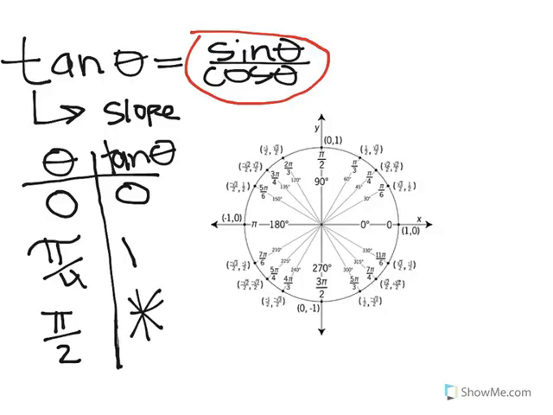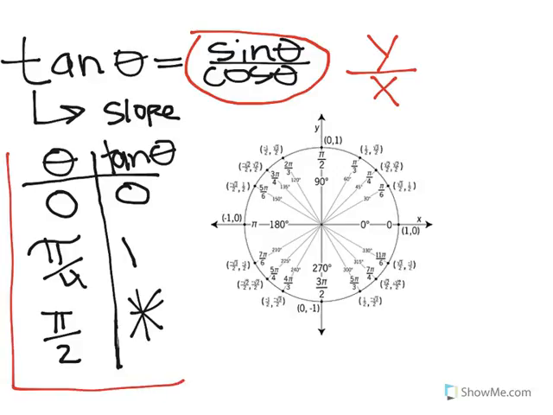I'm sure you all know that on the unit circle, the sine corresponds with the y coordinates and the cosine of theta corresponds with the x coordinates. So some really simple values, we're just going to look at this table right here.